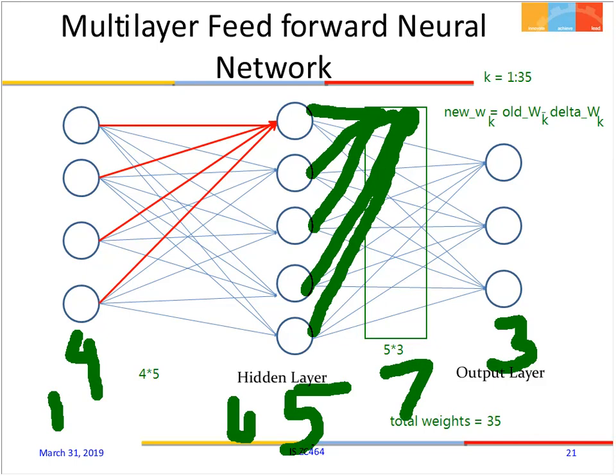Layer 1 and layer 2, it will be 35. And layer 2 to output, it is 21. Good. So then it becomes actually very heavy. Its weight space becomes as large as 76 dimensions, just to have these two layers.